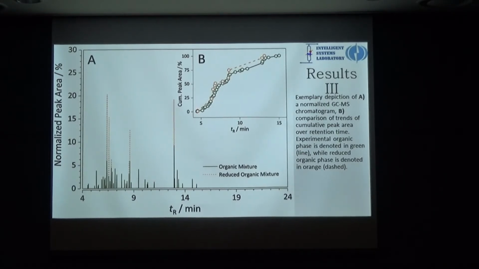And as you can see here, when you plot cumulative peak area against retention time, you can see how well, or how unwell, the simulated data fit the organic mixture.